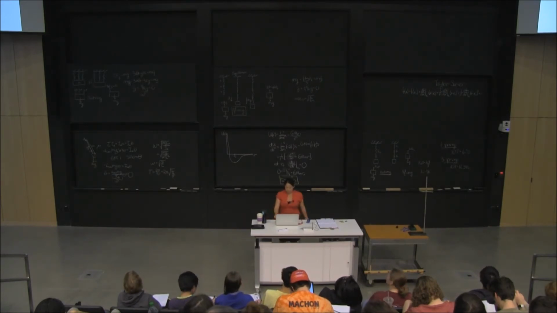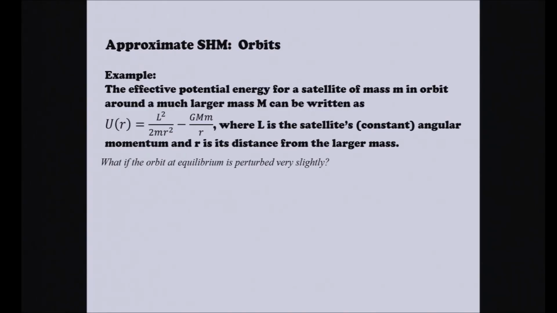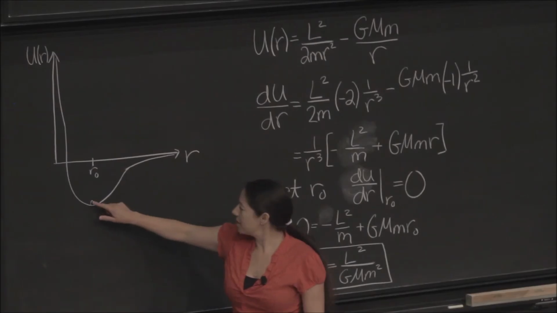Well, with what we've been given. But now let's imagine you have this circular orbit, and let's say something moves by the satellite and perturbs its orbit a little bit. What's going to happen? Let's go back to our marble and perturb it.